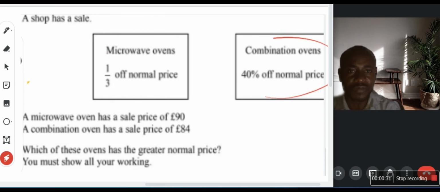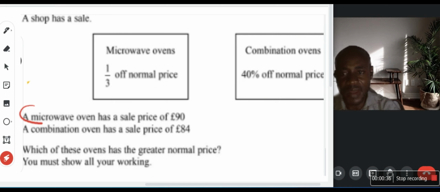Combination ovens 40% off normal price. And it says a microwave oven has a sale price of £90. A combination oven has a sale price of £84. Which of these ovens has the greater normal price? And you must show your working.